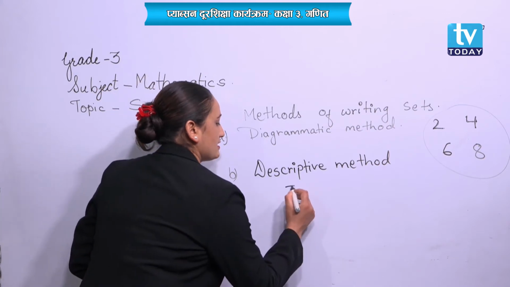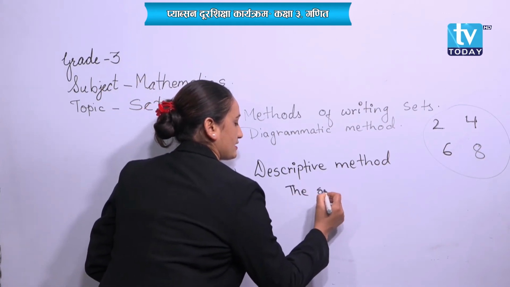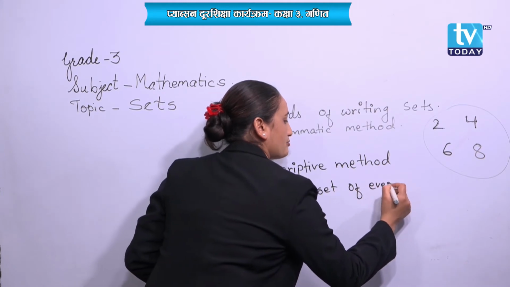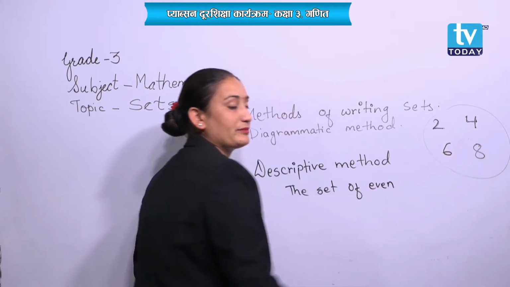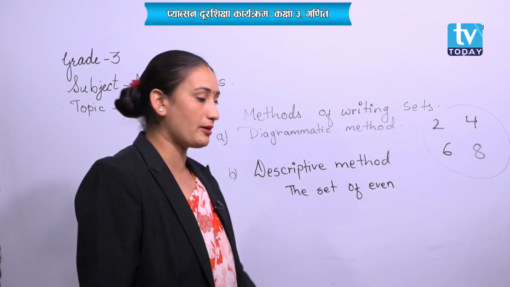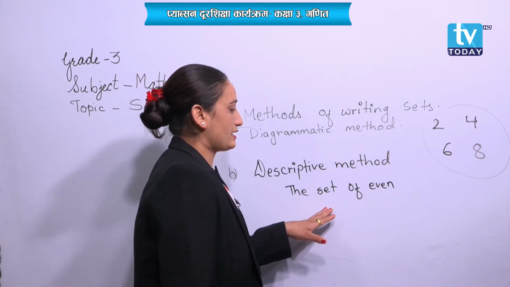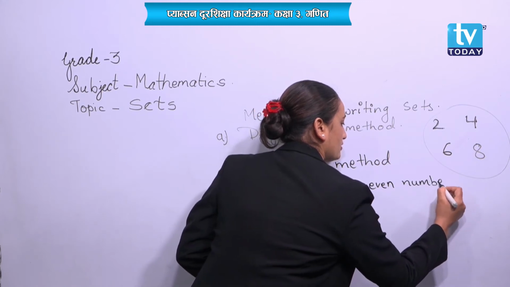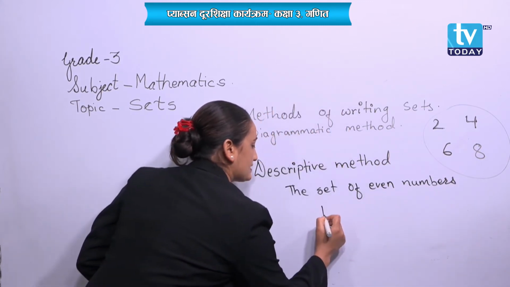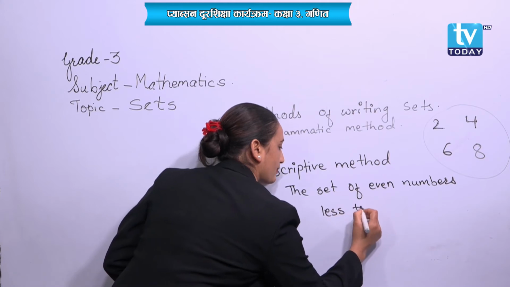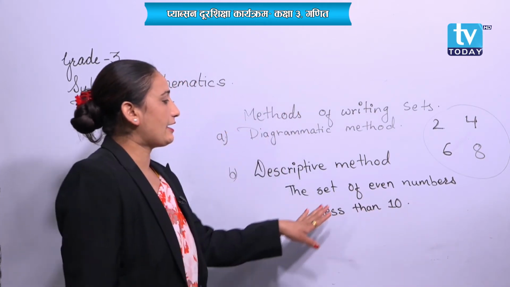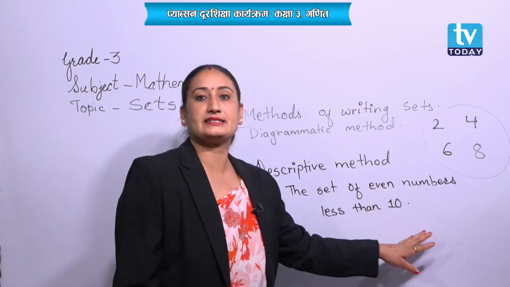The set of even numbers. 2, 4, 6, 8 mean they are the even numbers. Now write down: the set of even numbers less than 10.